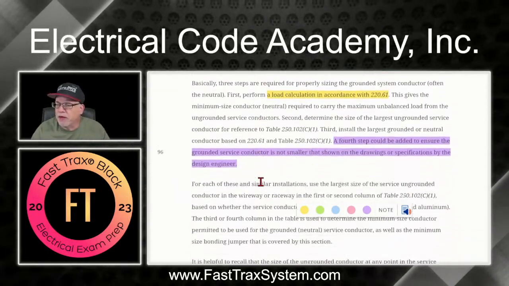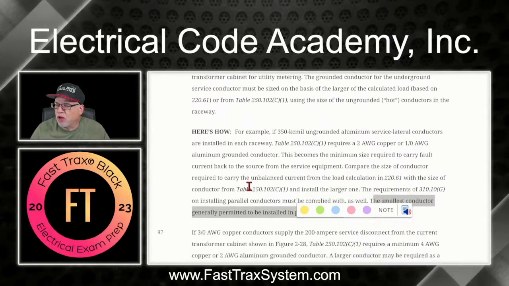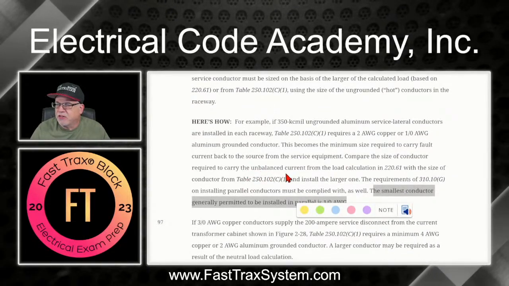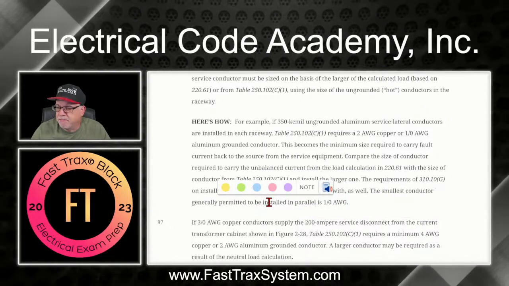Okay? Remember those paralleling rules. So don't simply stop and think that, okay, that's a minimum size and we're done. Again, always remember we have paralleling rules that have to be met.